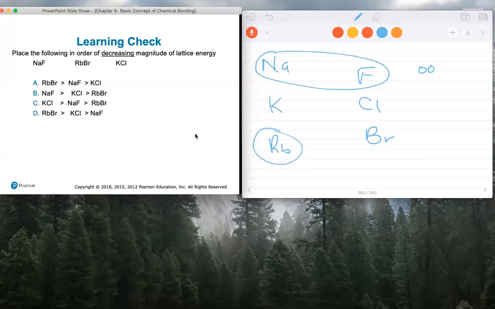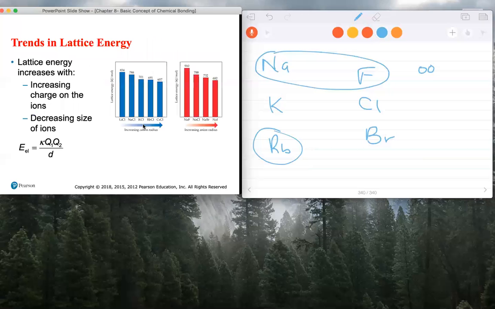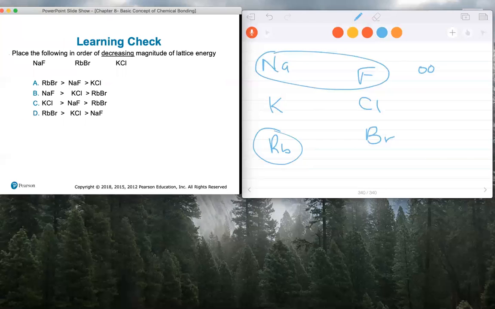And we know the relationship between cations and the lattice energy: as it gets larger and larger, the lattice energy decreases. So that's why we say it's B. Correct answer is B for this.